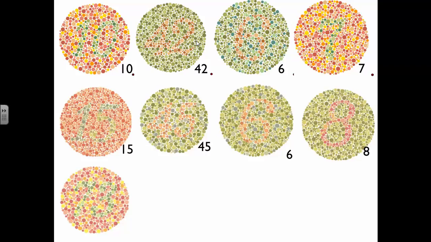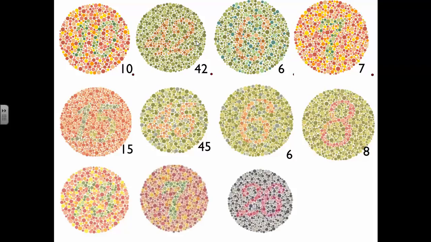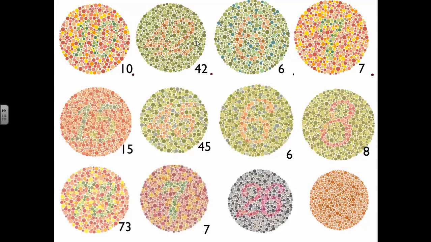You're colorblind. 73, 7, 26. There's nothing there. There is 29. I didn't see it.